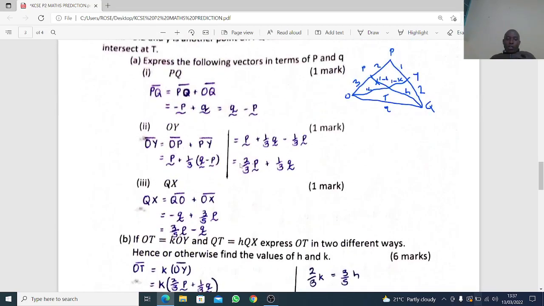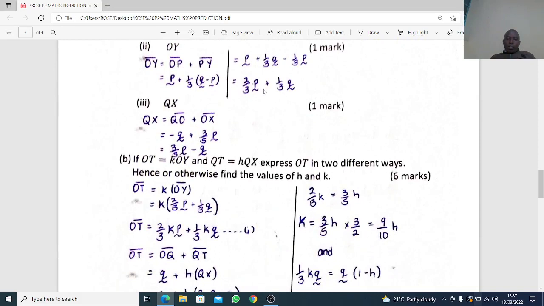OY we found here, so you replace it into this one. That is 2 over 3 P plus a third Q. You can open that bracket. It comes OT as 2 over 3 K P factor plus a third K Q factor. So that is the first equation.